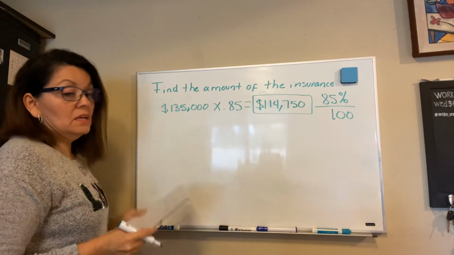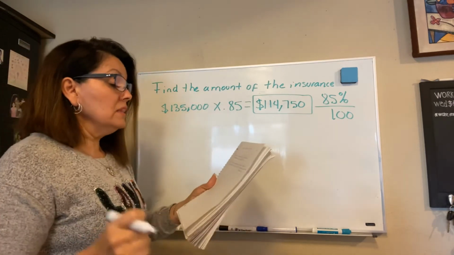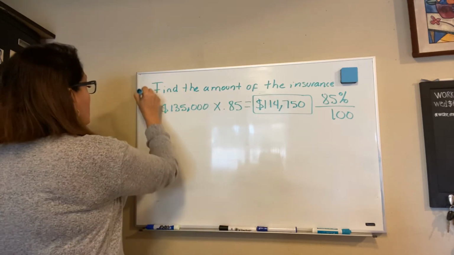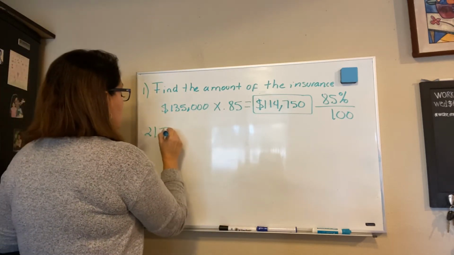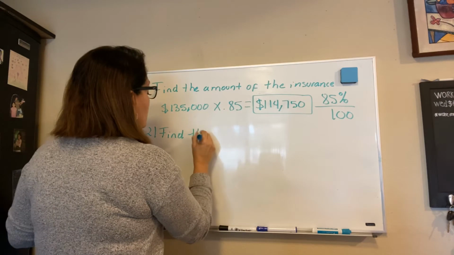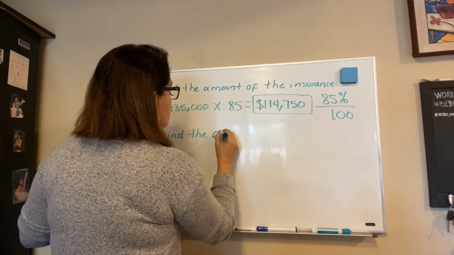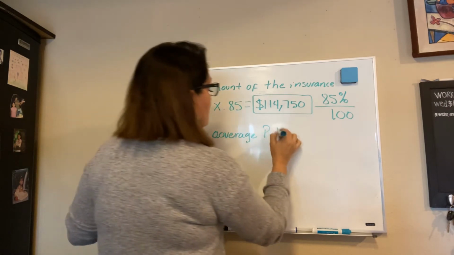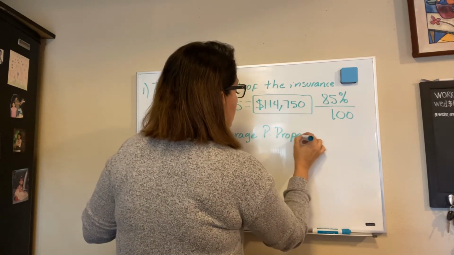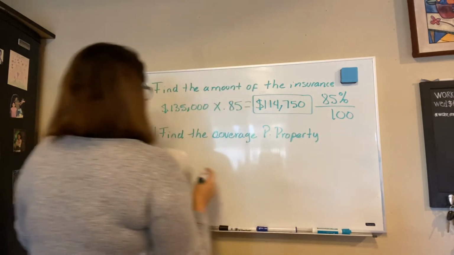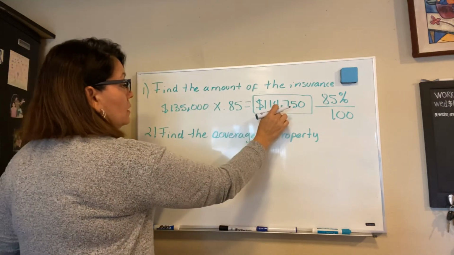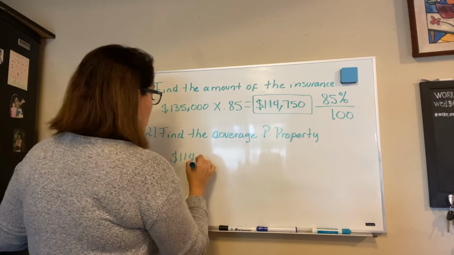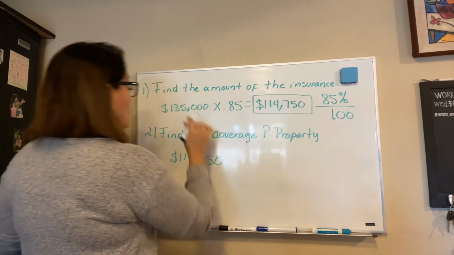But it says here in the example, find the coverage on personal property. So I need to find the coverage of the personal property. It is going to be the insurance that we pay for this value, not for the whole thing.